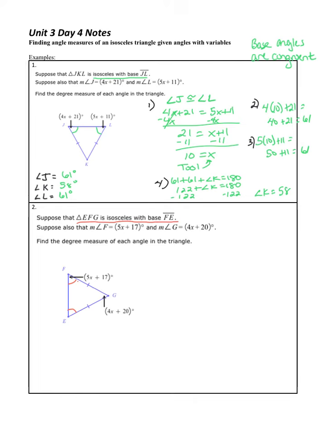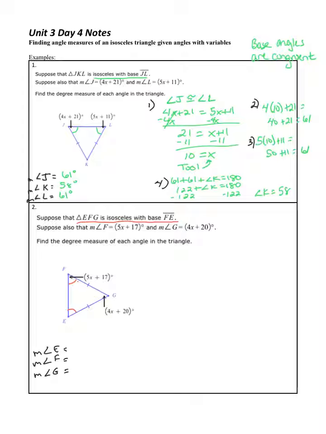So like last time, I'm just going to set up my little template here. E, measure of angle F, measure of angle G. And honestly, I should have done this here, math grammar, measure. Okay, this is where I'm going to put my answers.